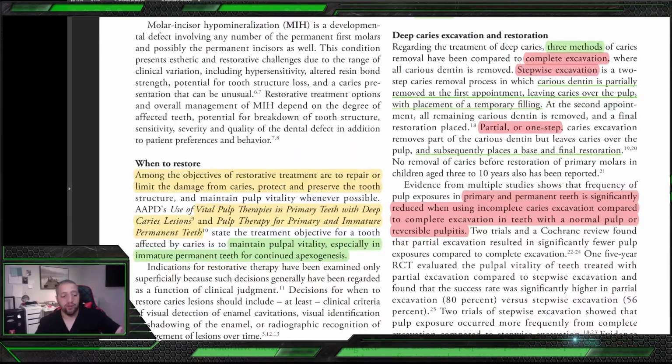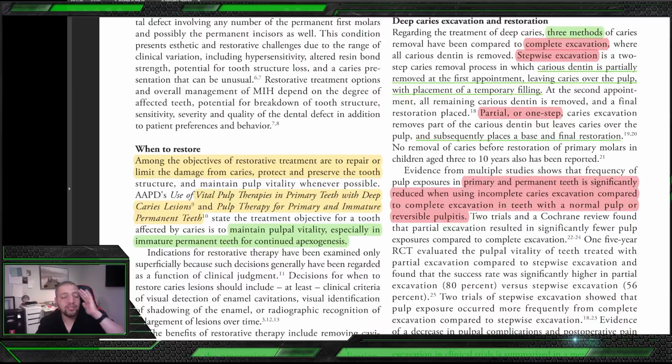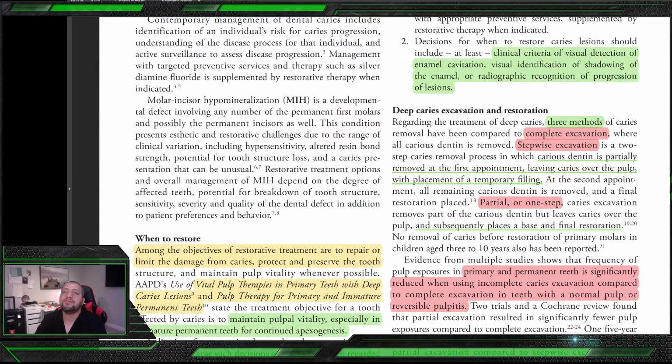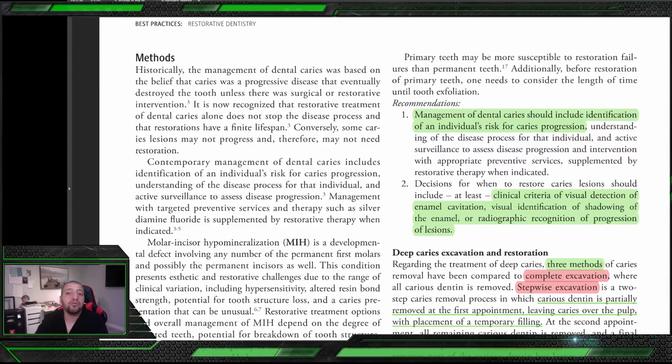So we should aim for this, but it's not indicated for every tooth. Not every tooth can we say, okay, let's do pulpotomy or partial pulpotomy. You should have clinical pictures, and some signs and symptoms that indicate this tooth is indicated for vital pulp therapy.